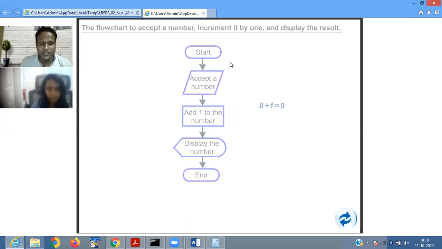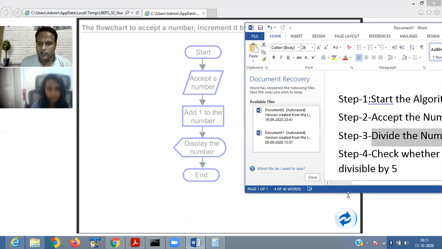If you represent this in an algorithm, how do you represent it? You put start algorithm, step 1, then step 2, accept the number. So first what to write?